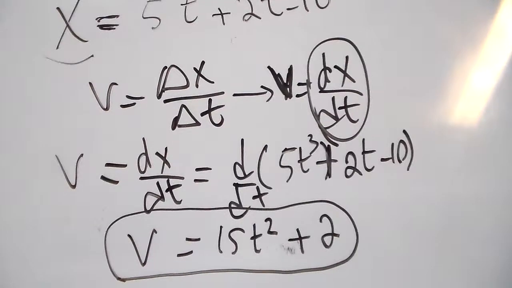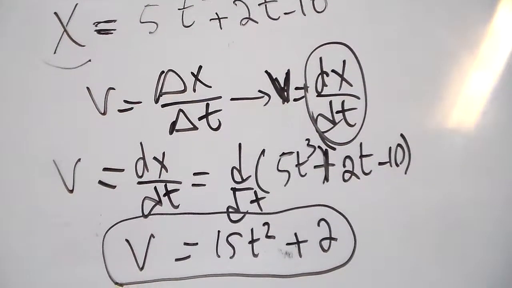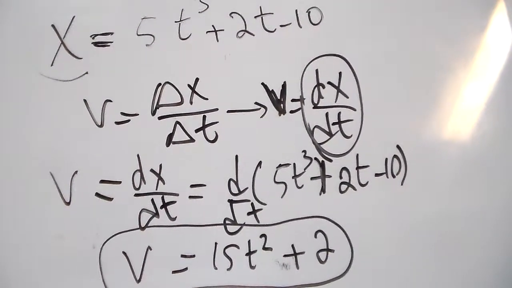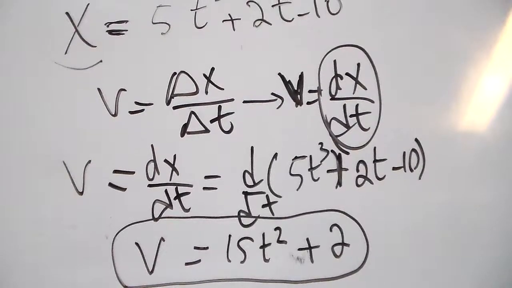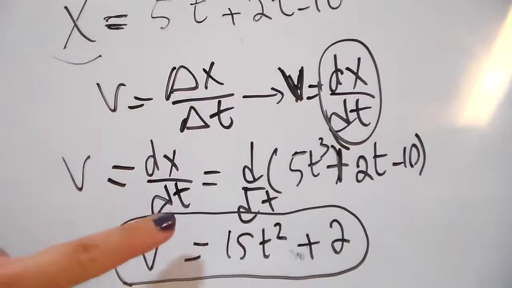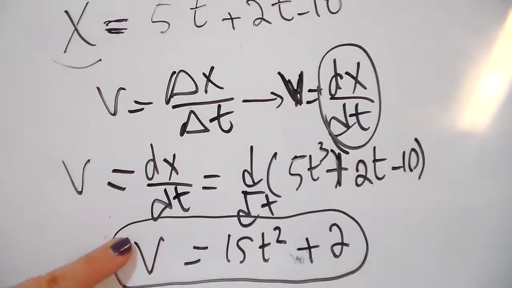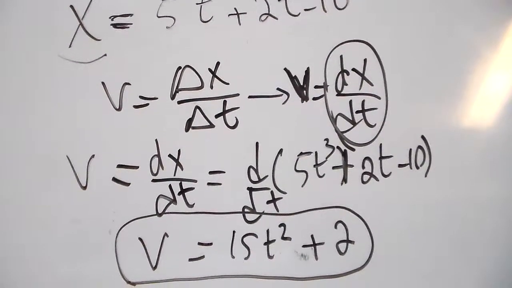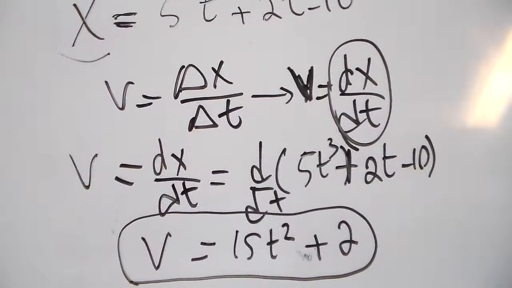Now if you are interested in when the object stops momentarily, then you have to set the velocity to 0, and that gives you the times at which the object stops momentarily.